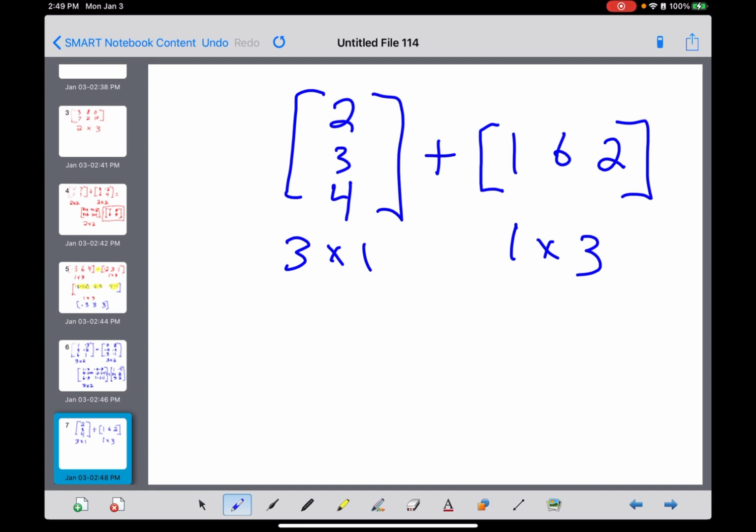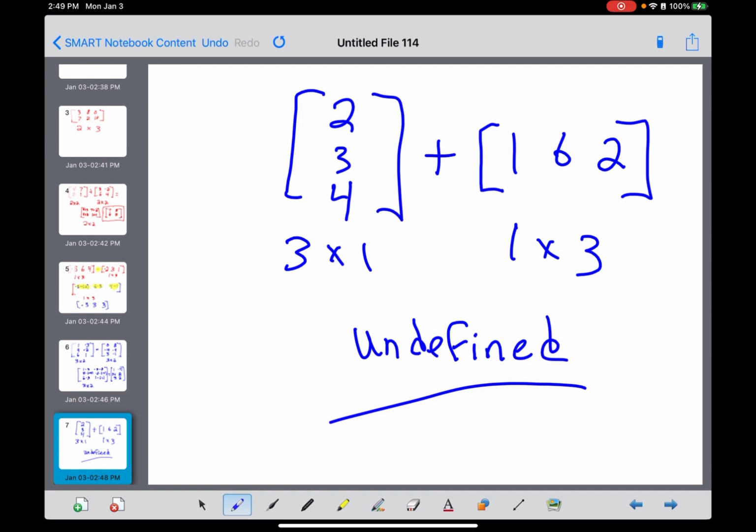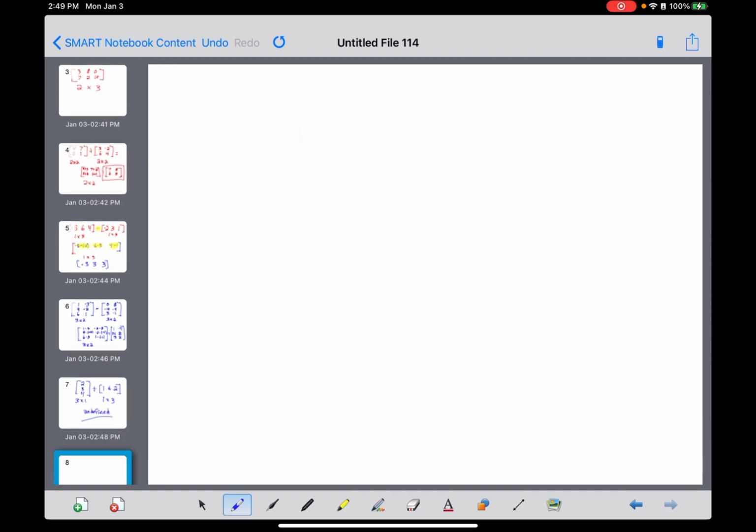So what you put if this takes place, these are undefined because they have to be the same dimensions in order to add them or subtract them. Okay? That is not the case for multiplication. We'll talk about multiplying two matrices together tomorrow. Okay? But it does hold for adding and subtracting.